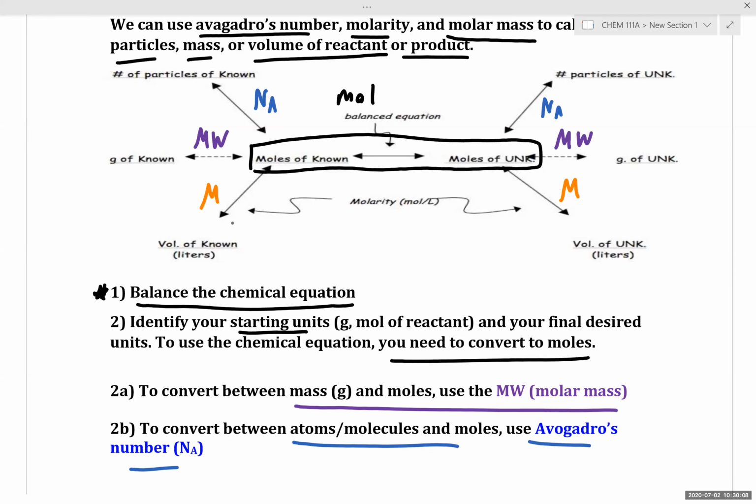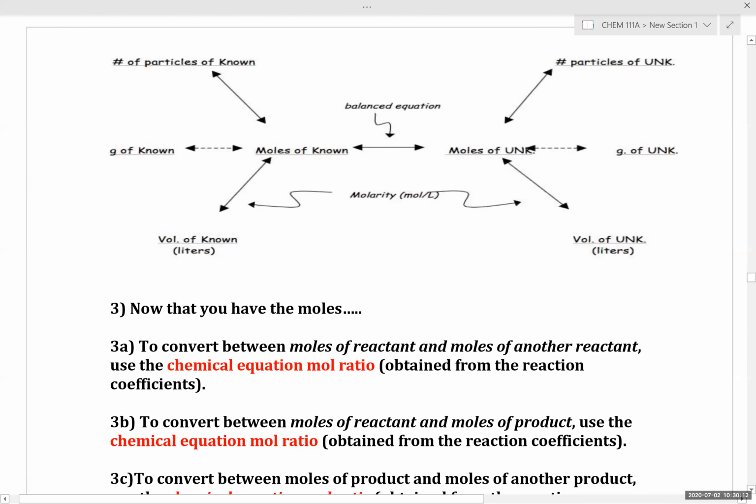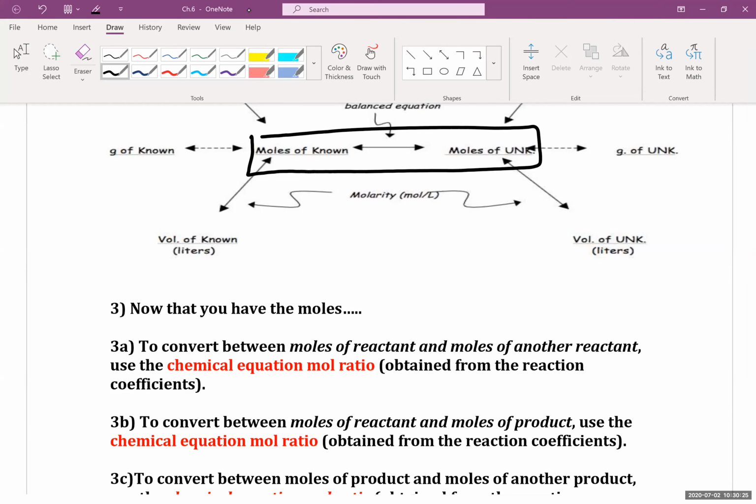Now, this is nice and all, but let's show how we can apply this. So now, when you have moles, looking at this interface here between moles of known and moles of unknown.